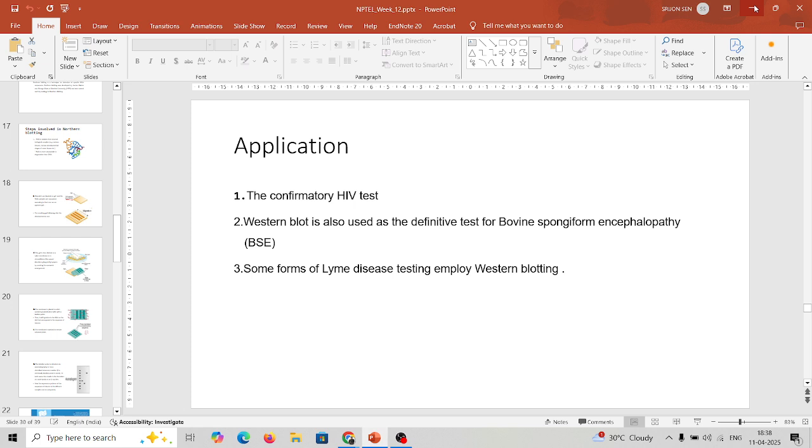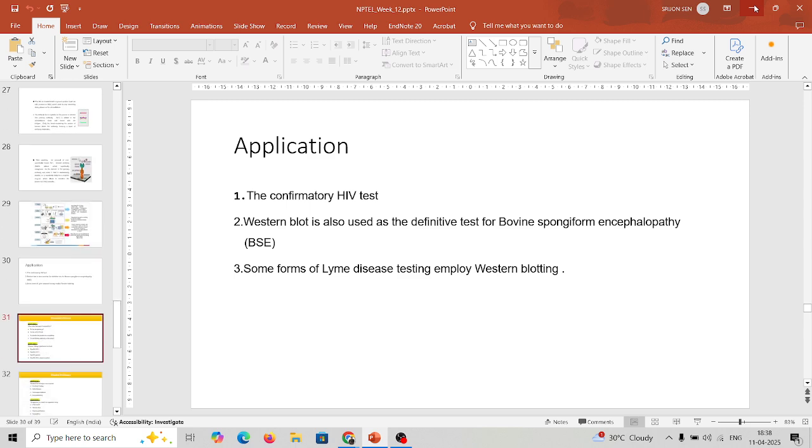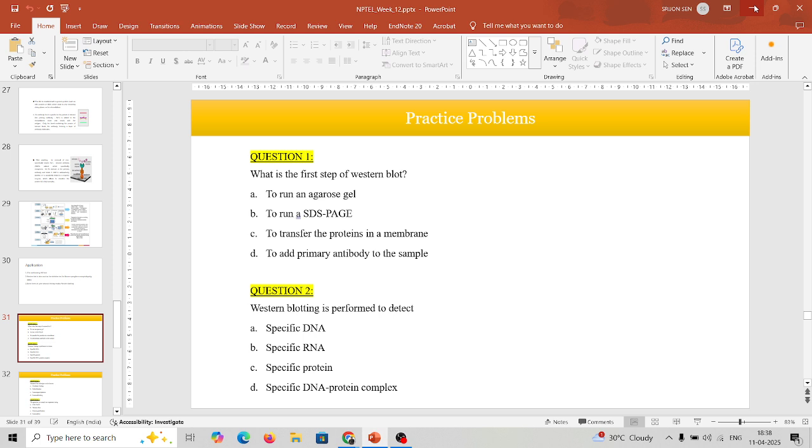Okay, so let us talk about the questions. What is the first step of Western blotting? To run an agarose gel, to run an SDS-PAGE, to transfer the proteins to a membrane, or to add primary antibody to the sample.